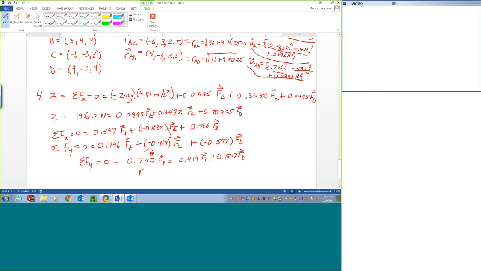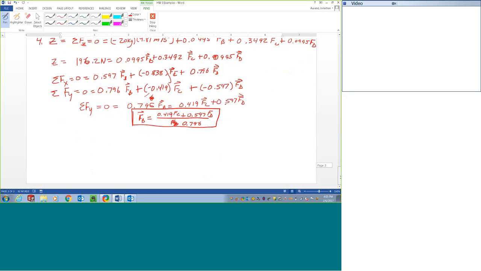So I find FB equals 0.419 FC plus 0.597 FD, over 0.796. So there's that part. I'll substitute that into the other equations, and I'll also come back and solve that at the end.